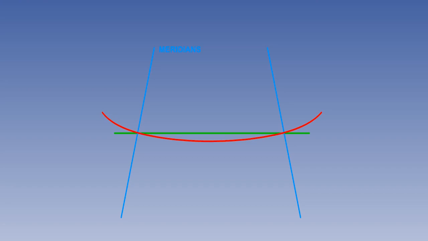The advantage of this representation is that it shows the meridians converging and the great circle as the shorter line. However, a disadvantage is that it is not immediately obvious that the rhumb line is the one with the constant track angle. It looks as though it curves on this model.